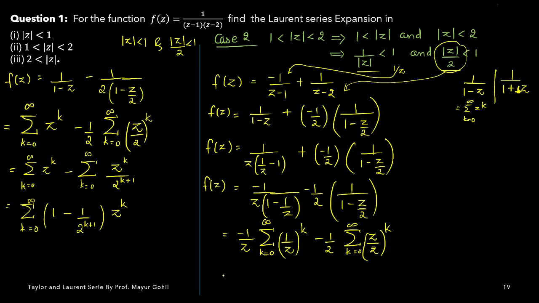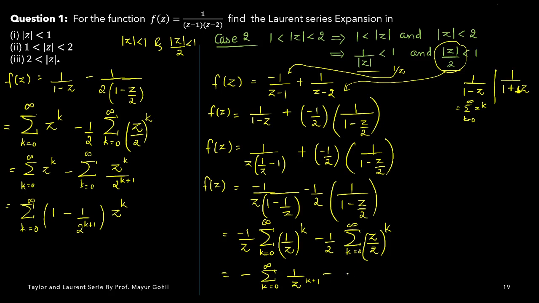Now simplify a bit further. I'll keep the minus sign as it is: 1 upon z to the power k plus 1, k going from 0 to infinity.